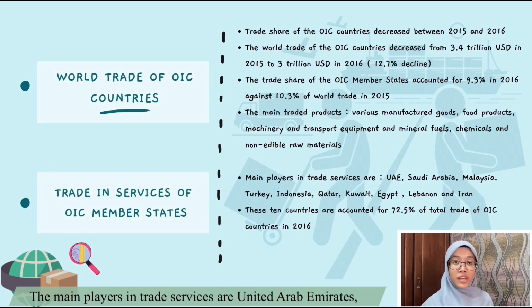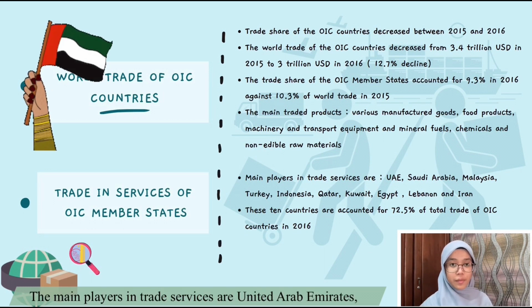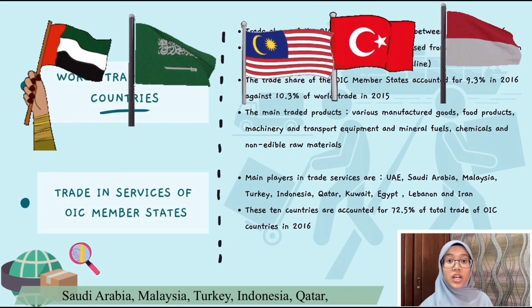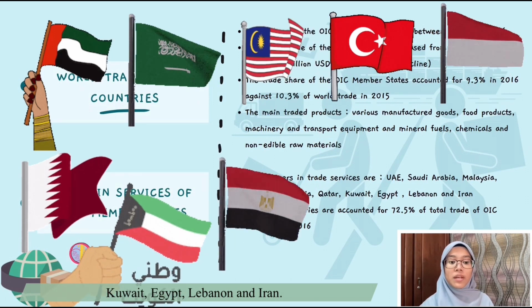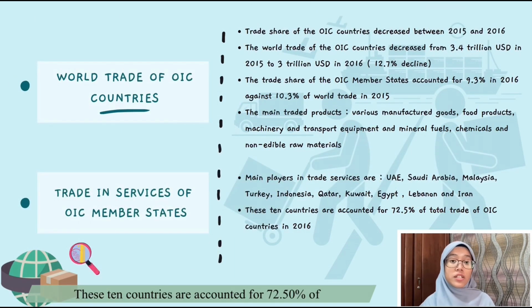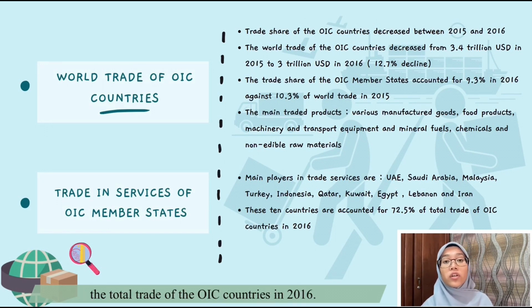The main players in trade in services are United Arab Emirates, Saudi Arabia, Malaysia, Turkey, Indonesia, Qatar, Kuwait, Egypt, Lebanon, and Iran. These 10 countries accounted for 72.5% of the total trade of the OIC countries in 2016.